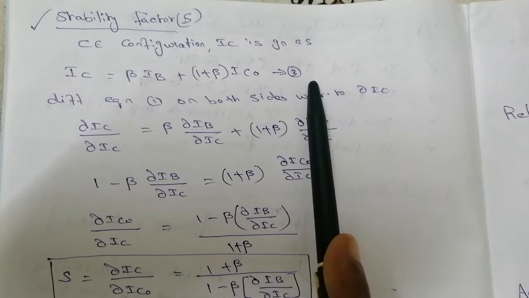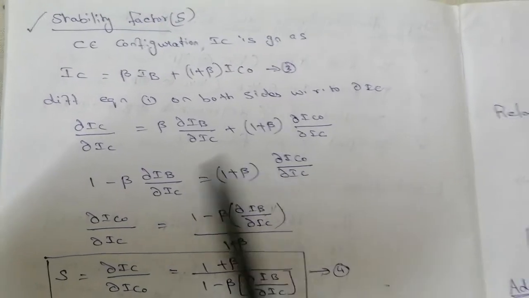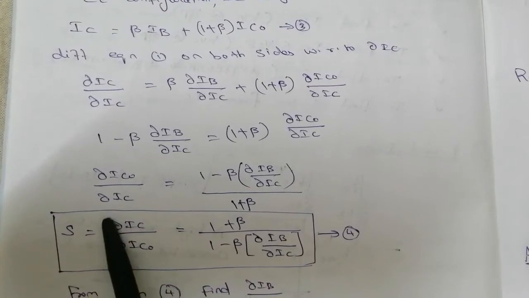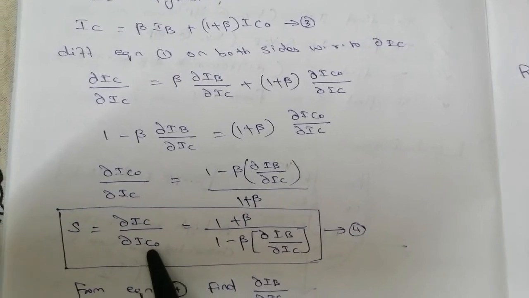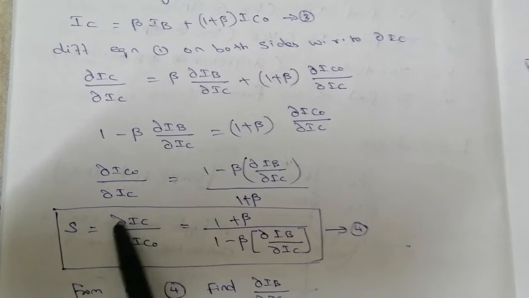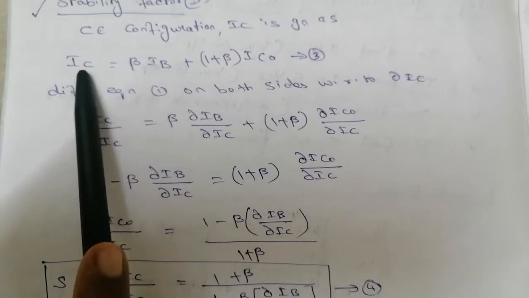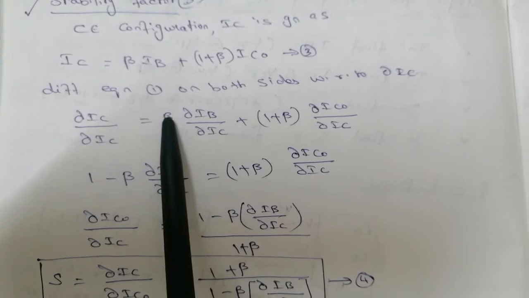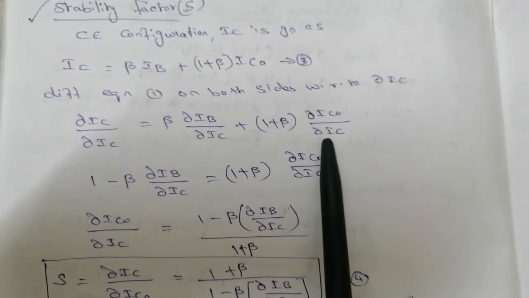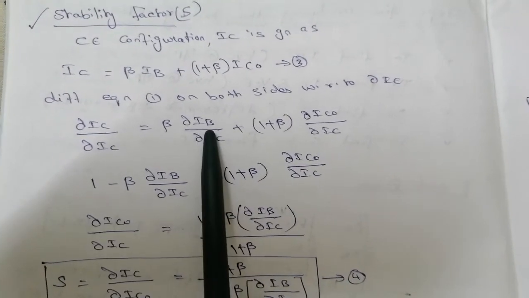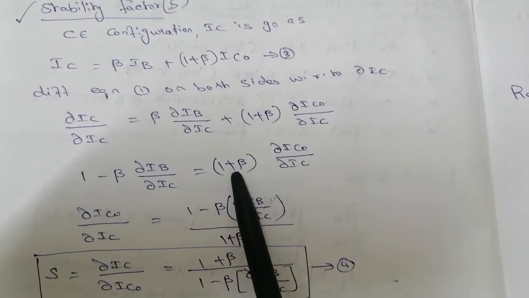Now differentiate this equation with respect to IC, because we know the stability factor S is nothing but ∂IC by ∂ICO, the change in collector current due to the variation in the transistor parameter ICO. So ∂IC by ∂IC is equal to beta into ∂IB by ∂IC plus 1 plus beta into ∂ICO by ∂IC. So this term becomes 1. This term comes to this side. So 1 minus beta into ∂IB by ∂IC is equal to this term, right?